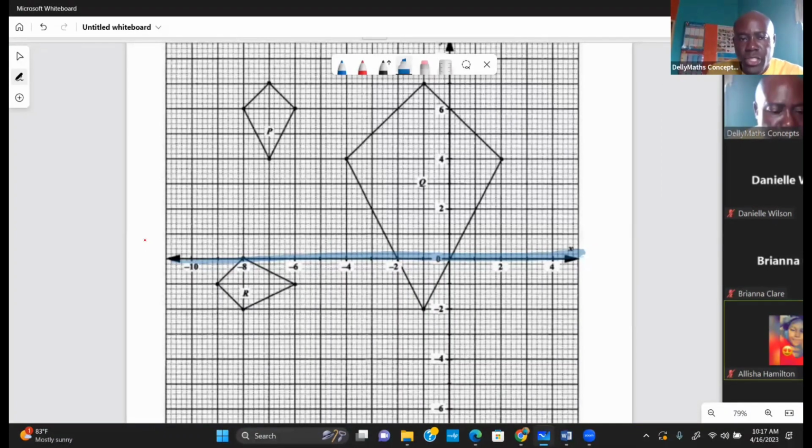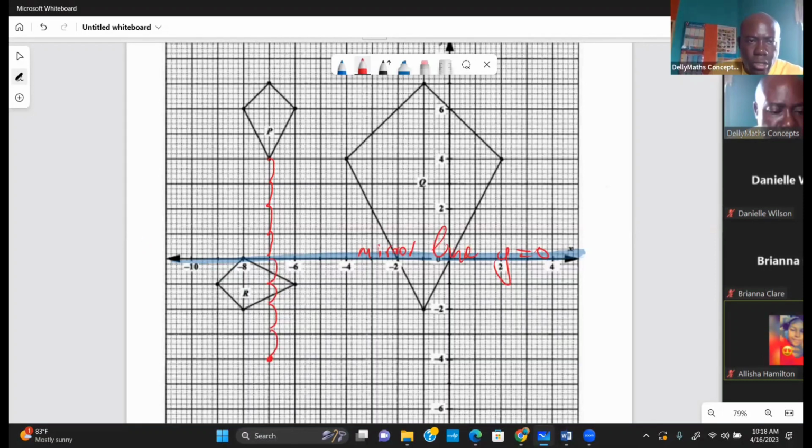For example, check this. This point is 1, 2, 3, 4 units on top. If this is a mirror line, it's going to fall 1, 2, 3, 4 behind.